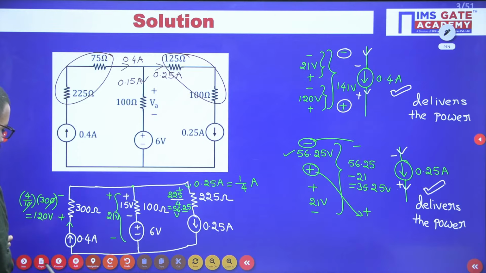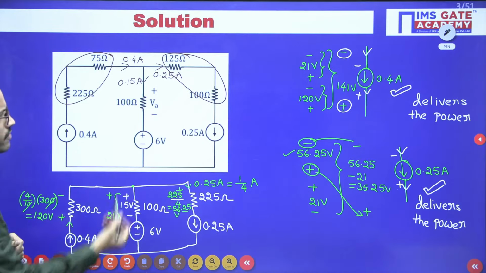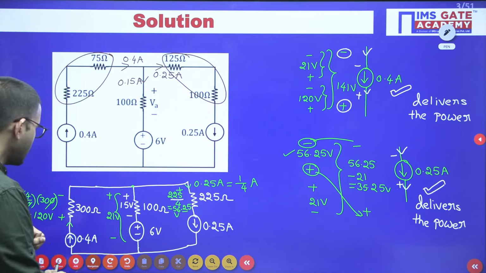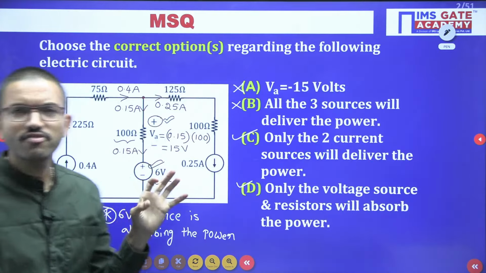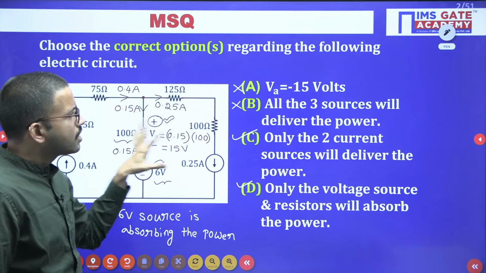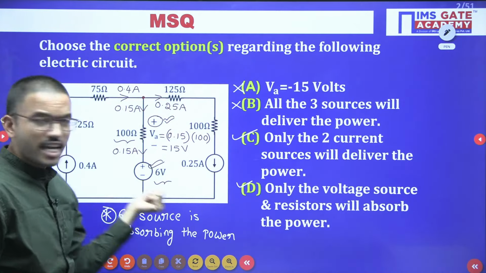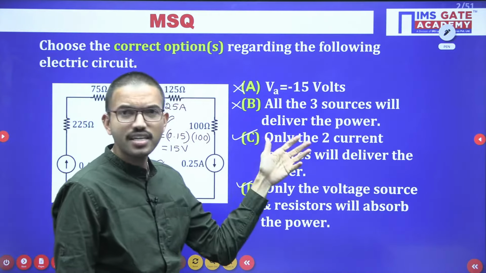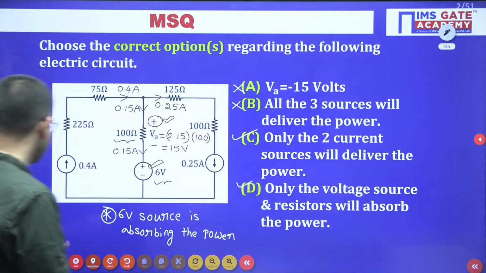So from this entire discussion, in the given circuit, just by observing whatever I have discussed so far, among these elements you can easily observe which are delivering and which are absorbing, right?